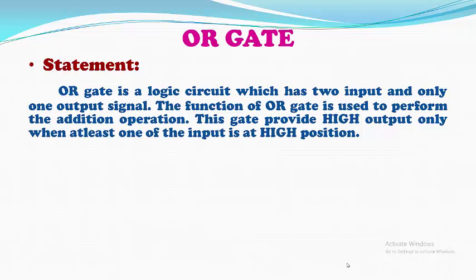Earlier we have seen the AND gate, which is used to perform the multiplication operation, and this OR gate is used to perform the addition operation. This gate provides high output only when at least one of the inputs is at high position. Now we will see this logic in terms of a truth table.